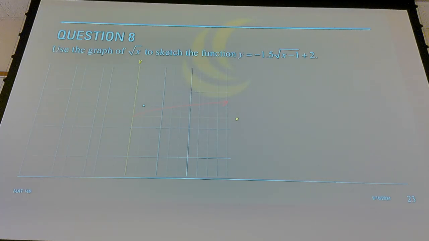All right, well, 1 would be down here. Now multiply that by 3/2. So it's right here.